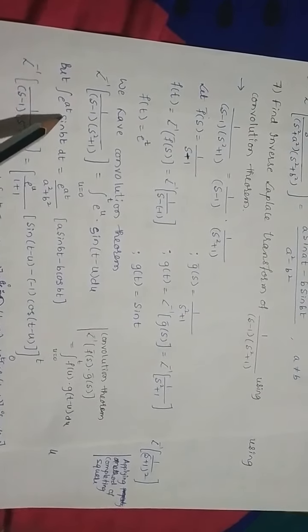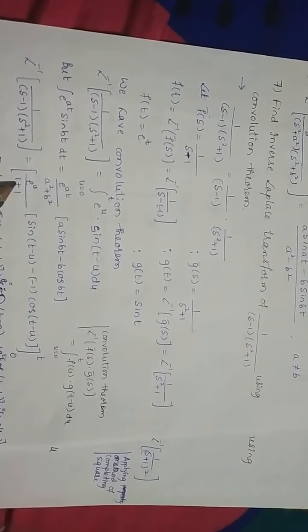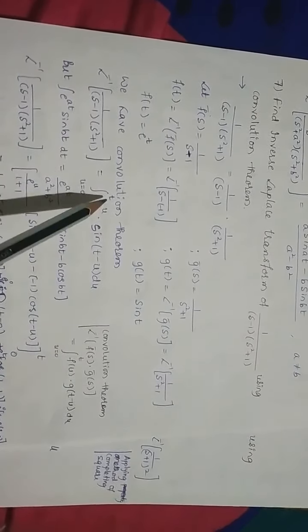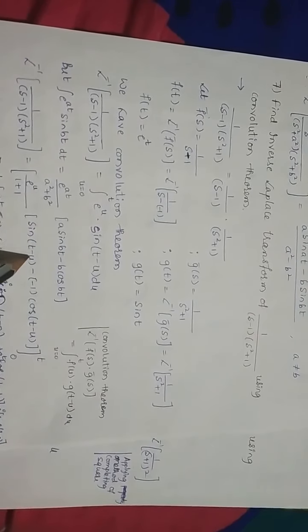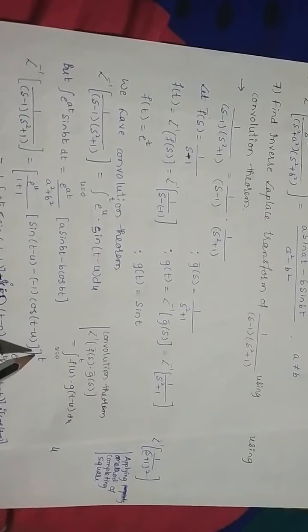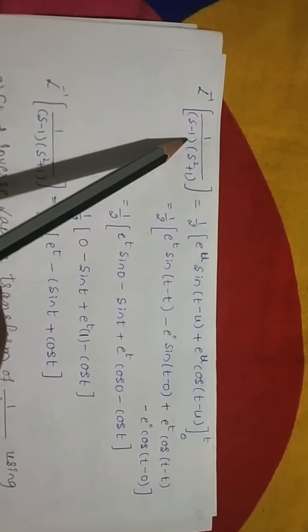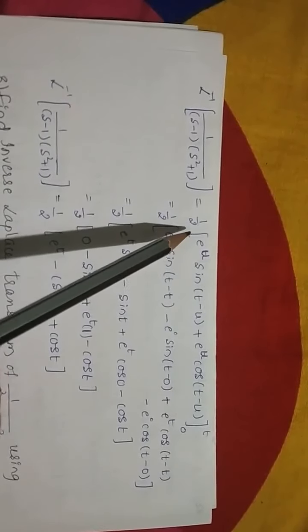L inverse of 1 upon (s minus 1) into (s square plus 1) is equal to, using this result for the integration term, e raised to u upon 1 plus 1, where a is equal to 1 and b is also equal to 1, into bracket sin of (t minus u) minus of minus 1 into cos of (t minus u), between the limits 0 to t. So it is 1 by 2 into bracket, since e raised to u upon 1 plus 1 is e raised to u upon 2.